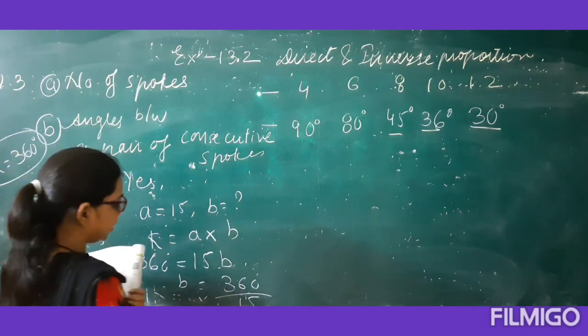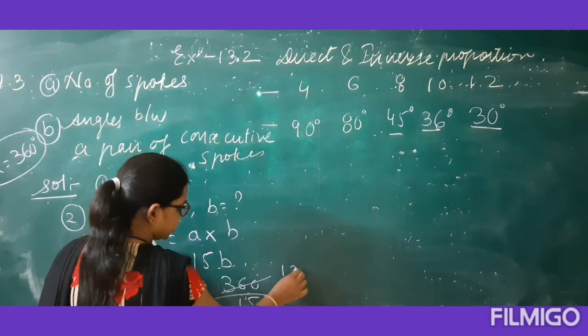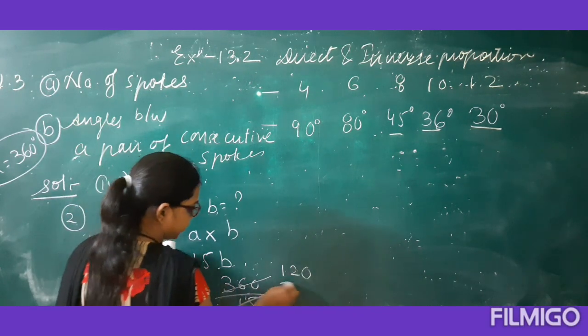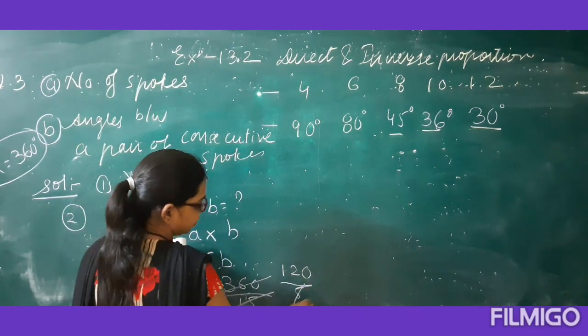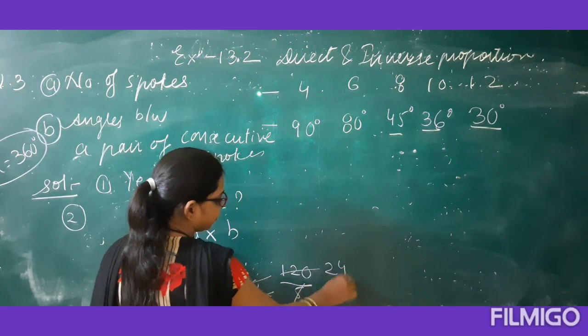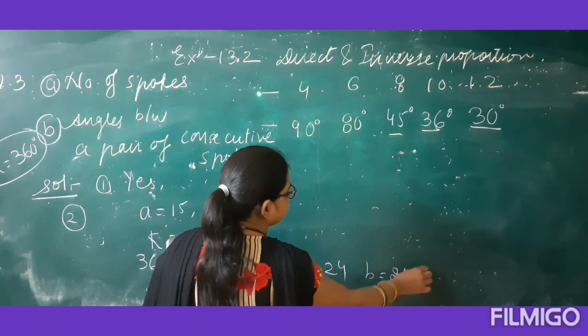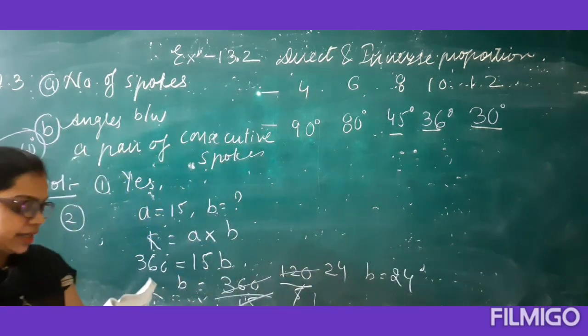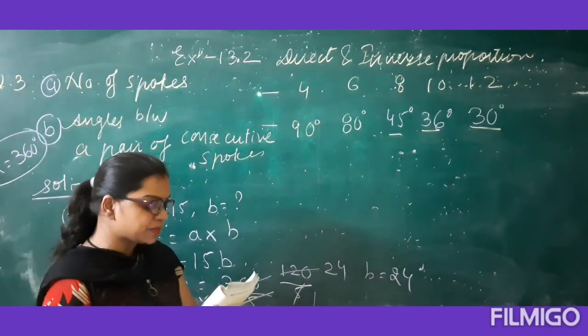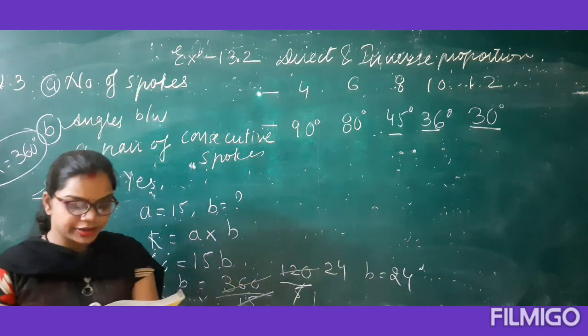You can cancel it: 3 1s are 3, 3 2s are 6, 3 0s are 0. Then 5 1s are 5, 5 2s are 10. So here B is how much? 24 degrees.